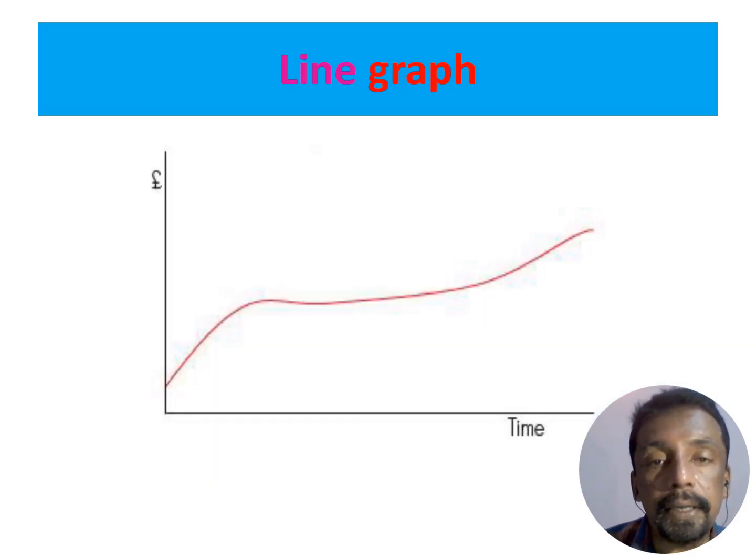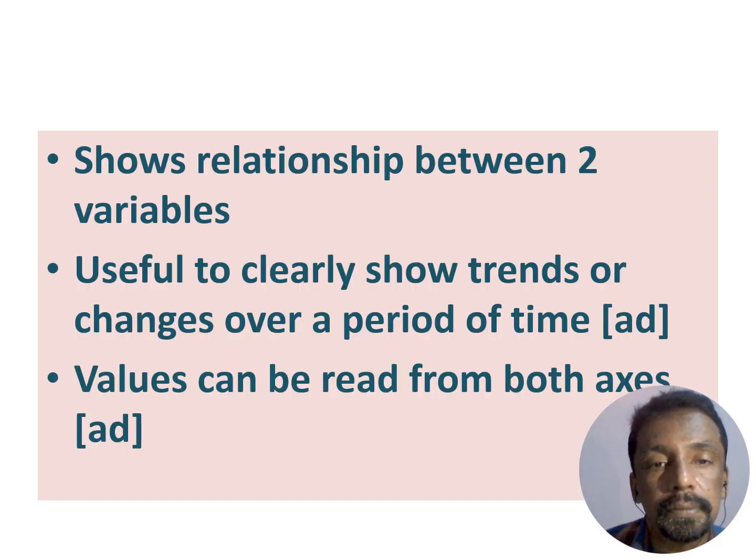Next is a line graph. I'm sure you might have learned line graphs and bar charts and pie charts in your maths classes. You have to anyway practice though. Line graph shows the relationship between two variables. Useful to clearly show trends. So this is usually used to show trends or changes over a period of time.